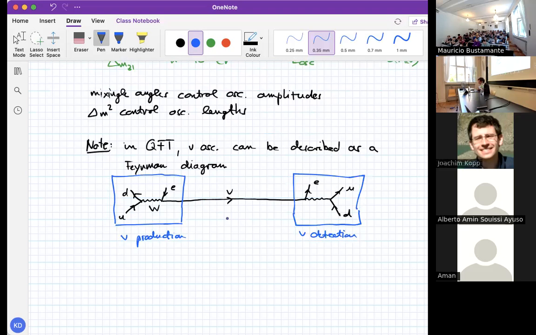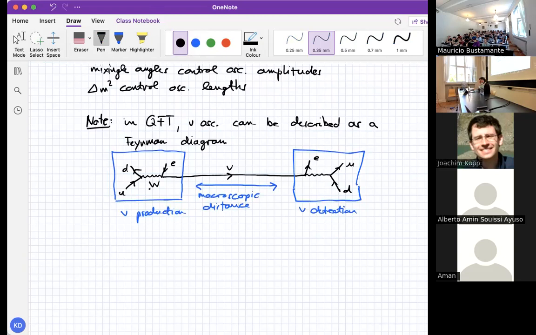And here in the middle, it's still a Feynman propagator, but it is a propagator that describes propagation over a macroscopic distance. So in order to compute oscillations that way, you need to somehow account for the fact that neutrinos are produced in one region of space and detected in another region of space.